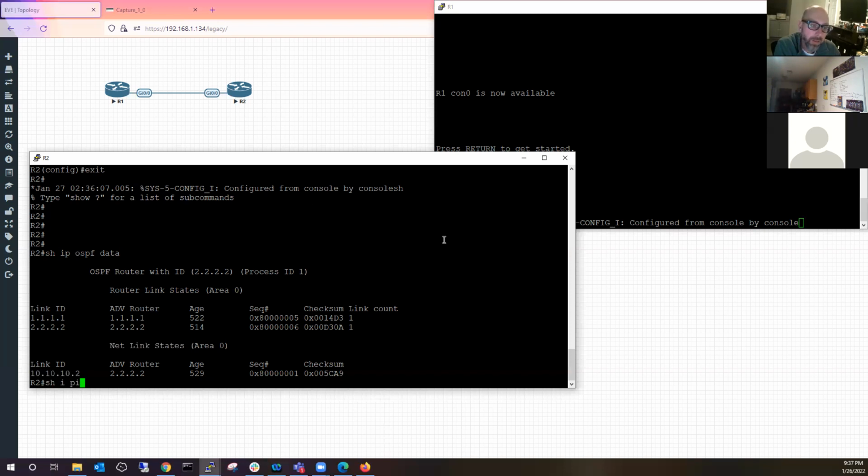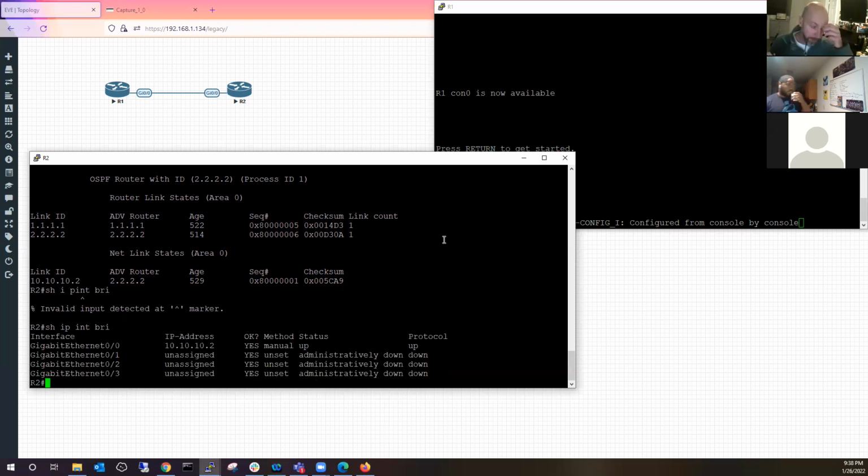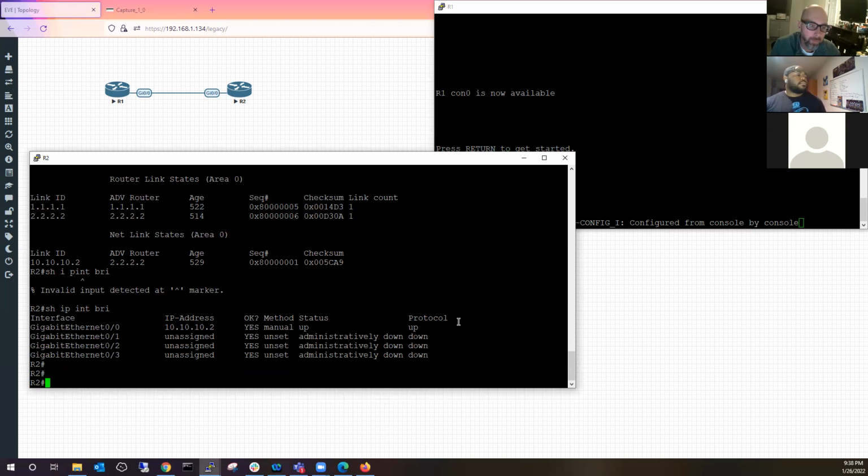Now they're both in the area. Is one an ABR, or how are they different? So here's the thing. Here's your network, right? That's on this interface, gig 0/0 on R2. Now, you're talking about how are they different?